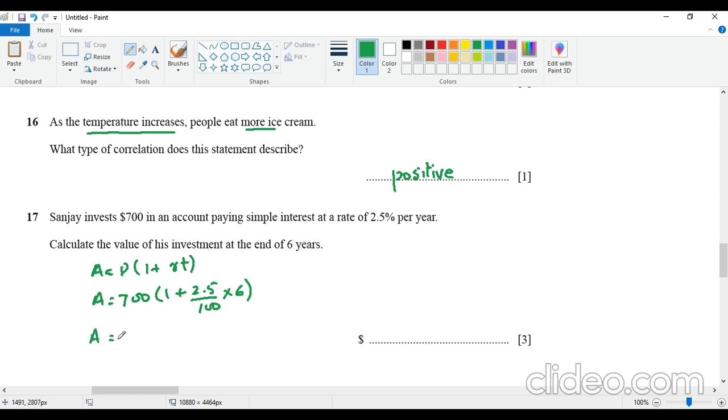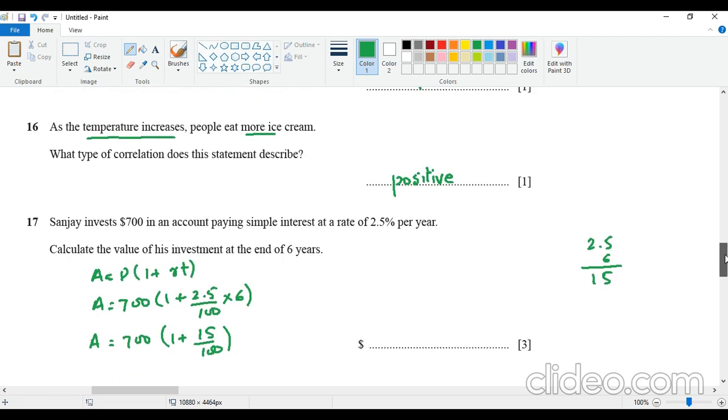So simplifying this is going to give us 2.5 times 6, which is 15. So that means it is 15 over 100. For further calculations, we can do it here.